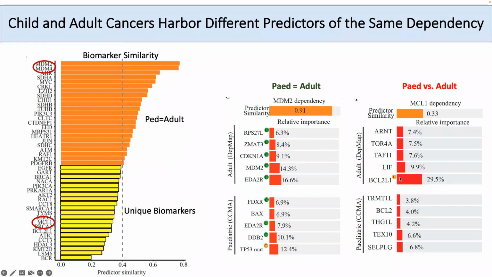And this was certainly the case in adult cancers, but in pediatric cancers, BCL2L1 expression did not play an important role, suggesting that in certain cases, there are unique biomarkers in pediatric gliomas that should be considered as potential predictors of response, and they would be different from the adult cancers.